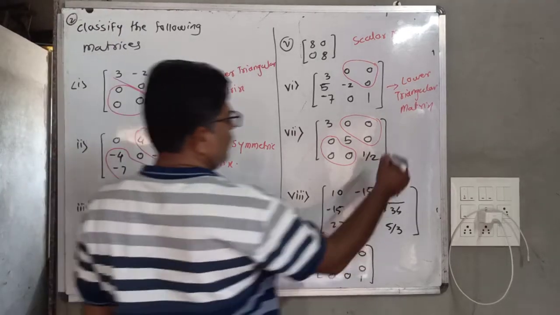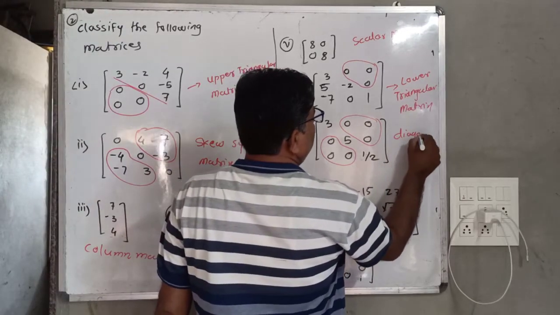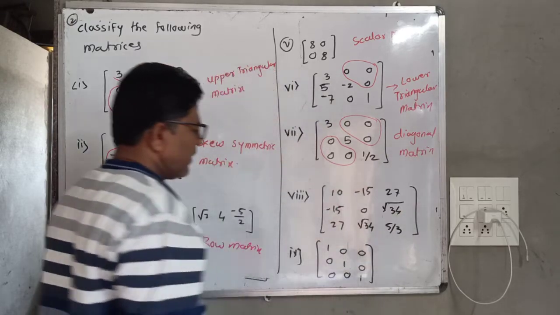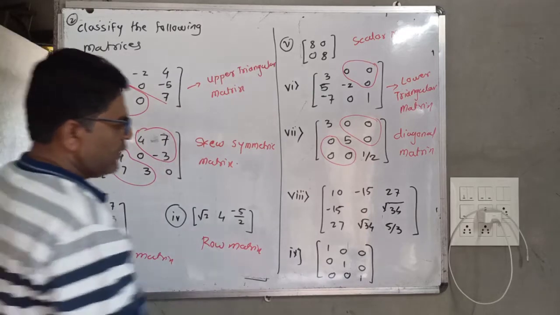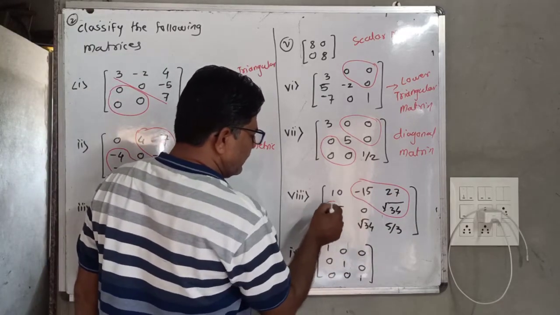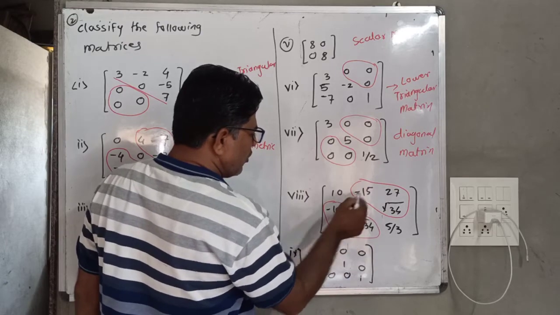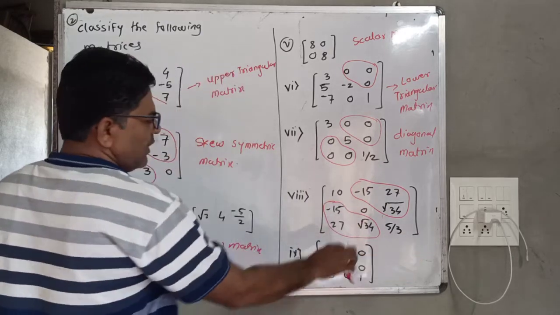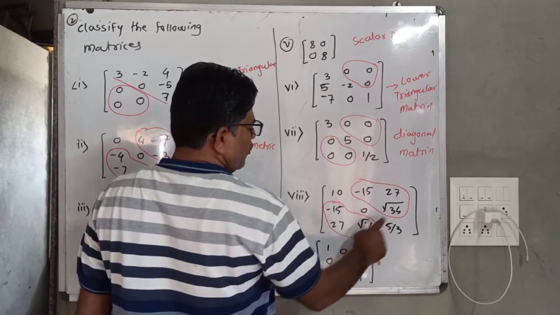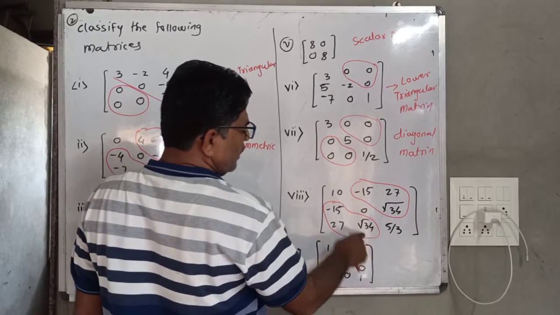Diagonal matrix. Suppose these are the non-diagonal elements. Observe that the non-diagonal elements are the same: minus 15, minus 15, 27, 27, root of 34, root of 34.